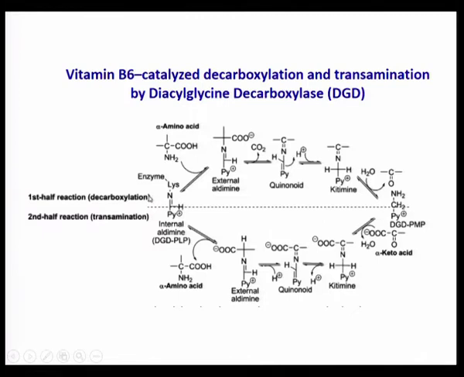The decarboxylation is one part of the reaction catalyzed by PLP. The other part is basically the transamination. So both proceed with the quinonoid formation, with the aldimine formation, and here you have an alpha keto acid, how the amino group is transferred, okay, and how the carboxylic group is reversed.